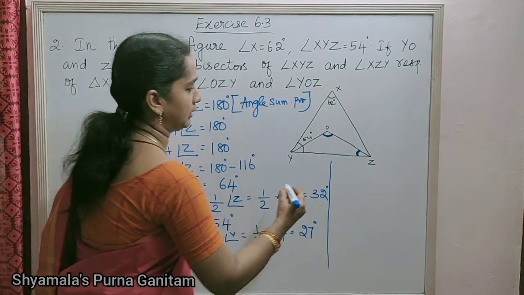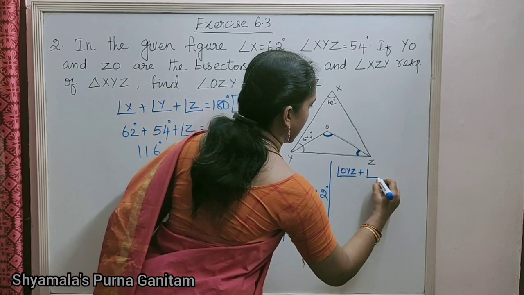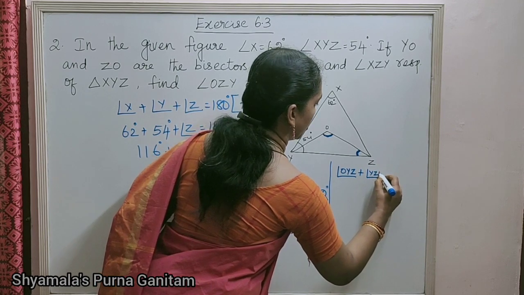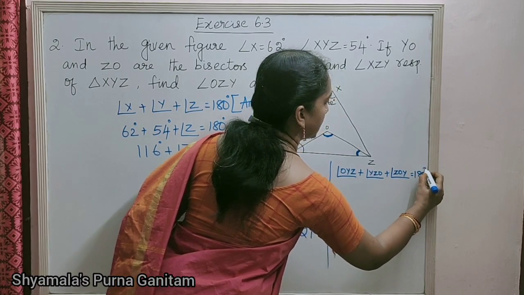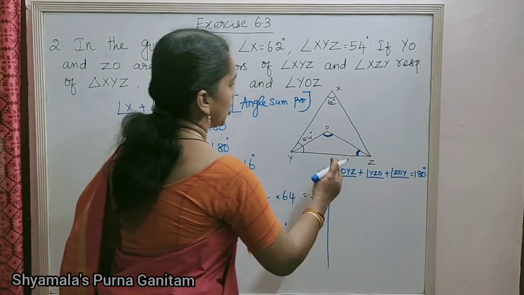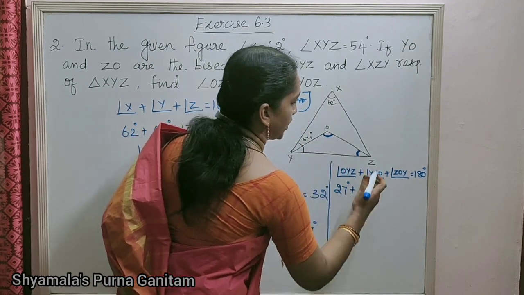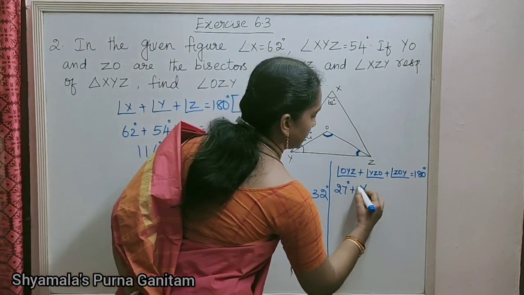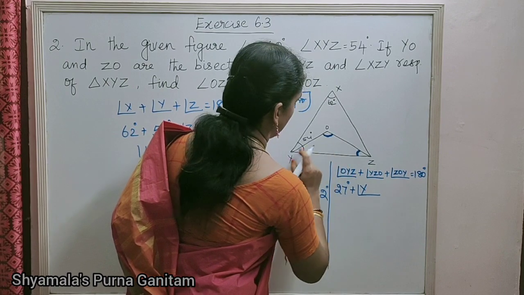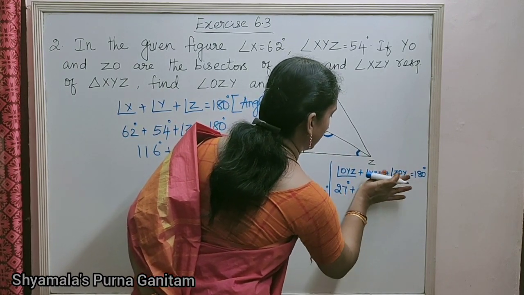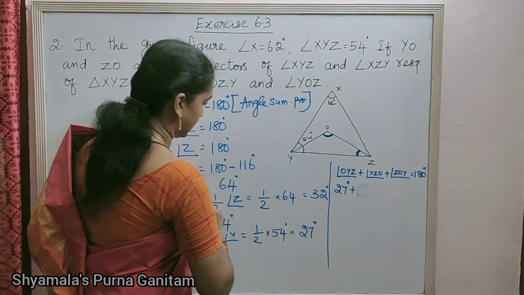That is, angle OYZ plus angle YZO plus angle ZOY is equal to 180 degrees. OYZ we just found as 27 degrees, plus YZO, which we already found, it is just interchanged. This is angle Z only.